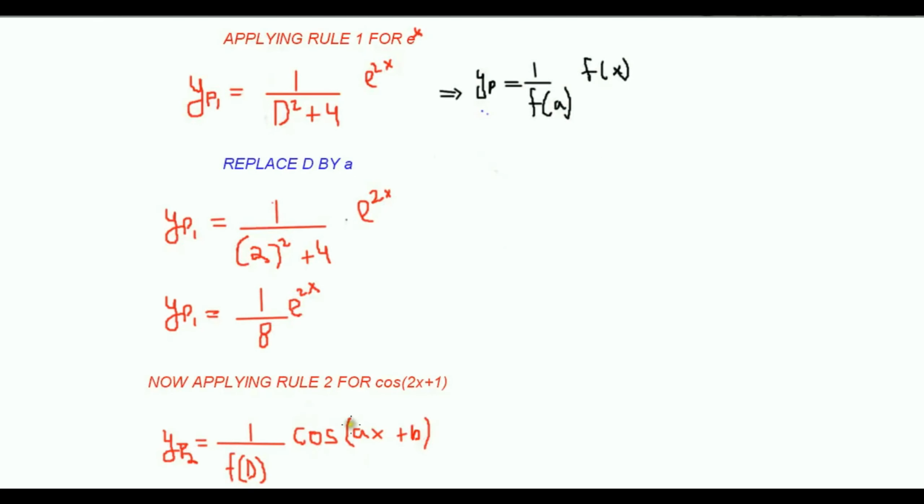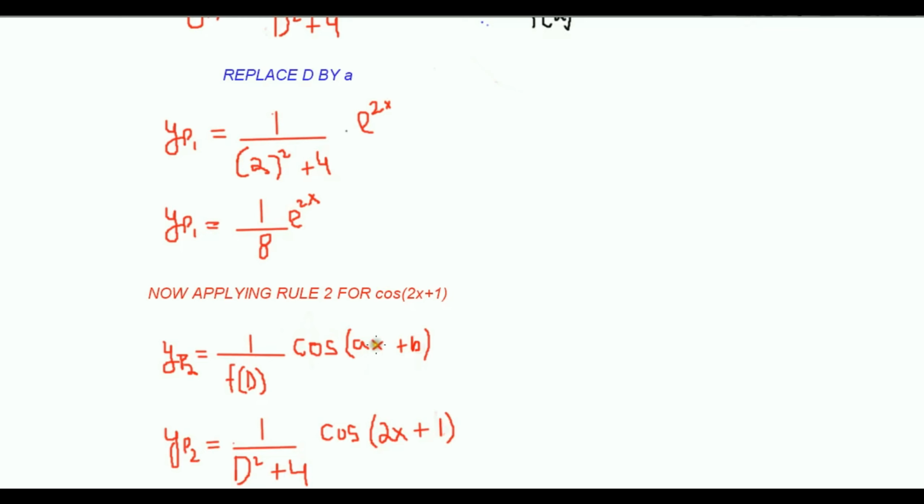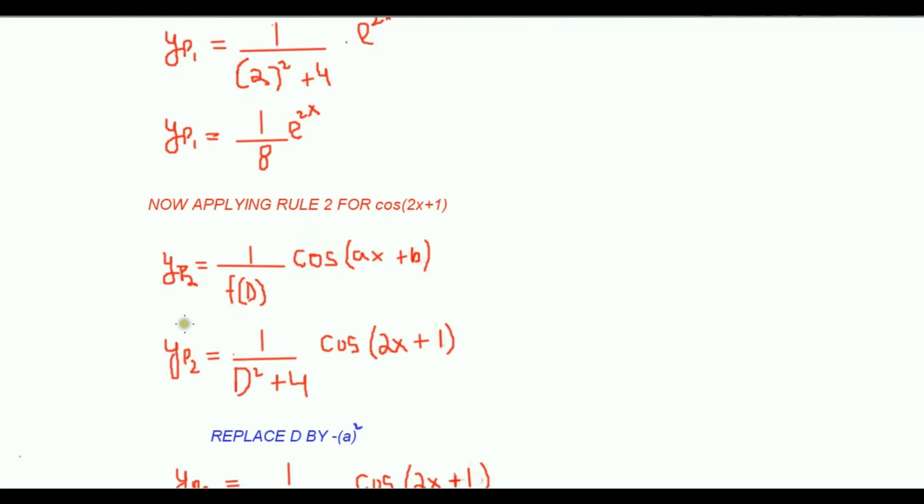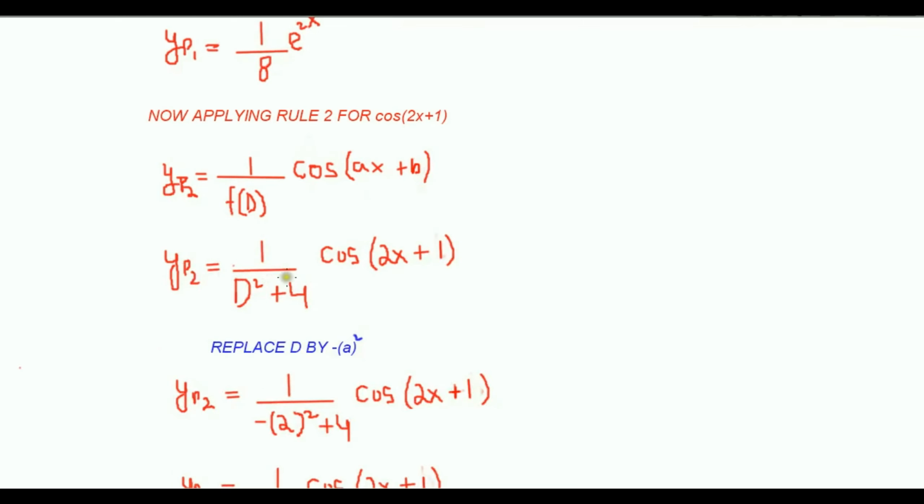Now let's solve for cos 2x plus 1, which is rule number 2. The particular integral for this situation will become 1 upon function of d cos(ax plus b), where a and b are both arbitrary constants. So my function d is d squared plus 4.